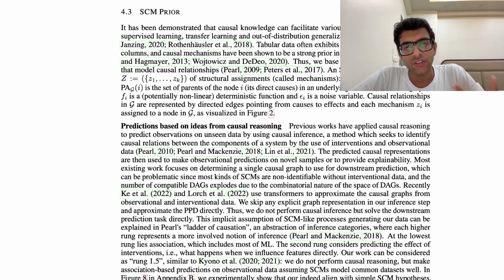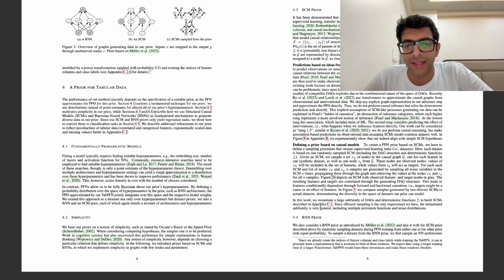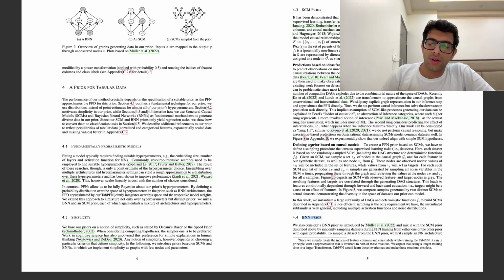Okay, so as you saw, this part is pretty deterministic because we know exactly what comes from what. But to mimic generalization, that's where the second part of the prior comes in, and that's where we go towards BNNs. A BNN is a Bayesian neural network.